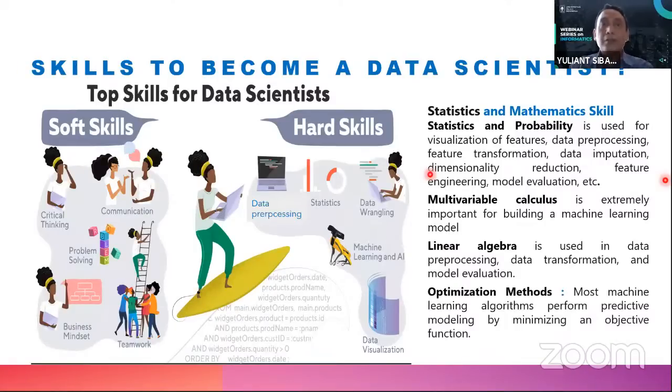model evaluation, etc. Multivariable calculus is extremely important for building machine learning. We know in machine learning and AI skill, we need multivariate calculus to develop a good classifier or good model, etc. Linear algebra is used in data preprocessing, data transformation, and model evaluation.